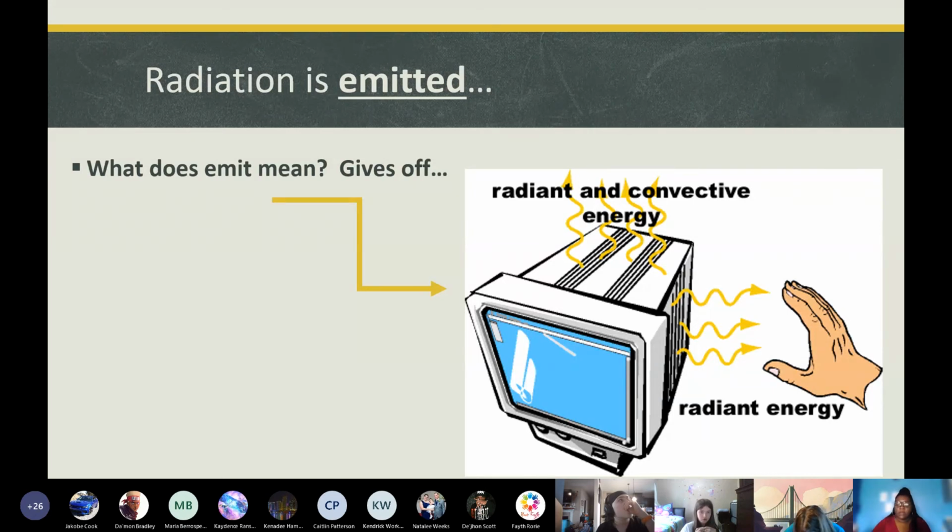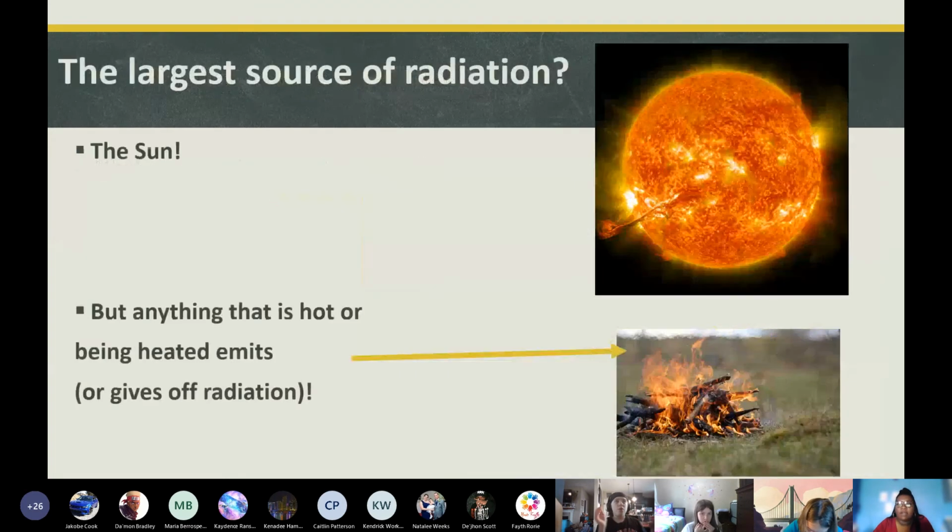Okay. So when we're looking here at radiation, the next question we need to write down in our notes is, what is the best source of radiation? Remember, source means production place.